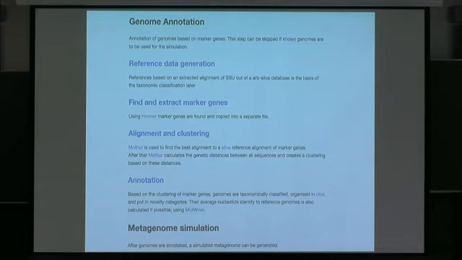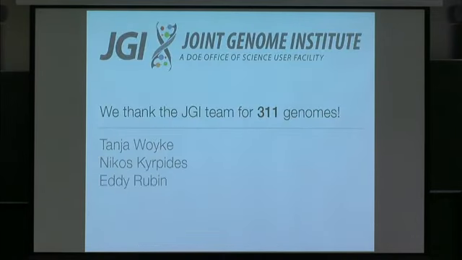We need this because we work with new genomes, with genes that were not available in the databases. I'd like to use this spot to thank our collaborators, in particular the JGI team, Tanya Woyke, Nikos Kyrpides, and Eddy Rubin, who generated 311 genomes for CAMI.